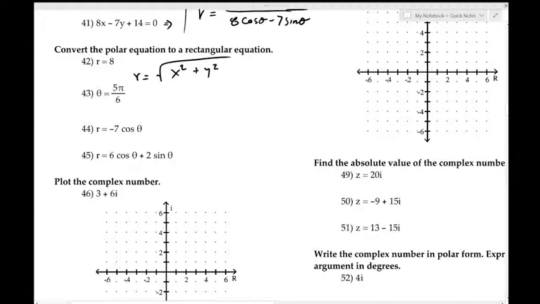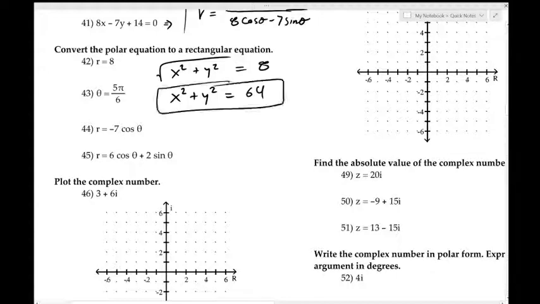So we can replace that and say this is all equal to 8. x squared plus y squared equals 64. And that's it. This will be the equivalent rectangular equation for r equals 8.